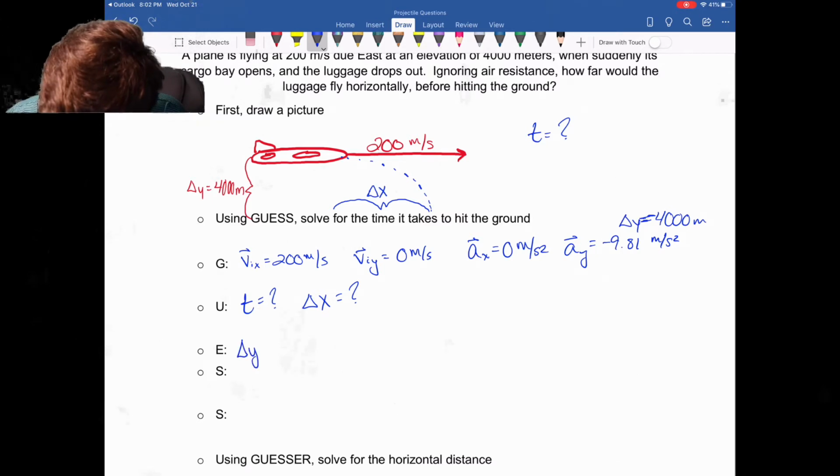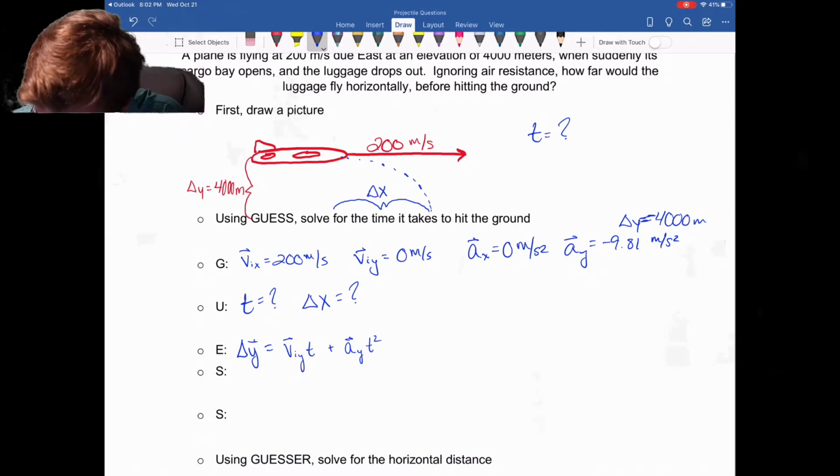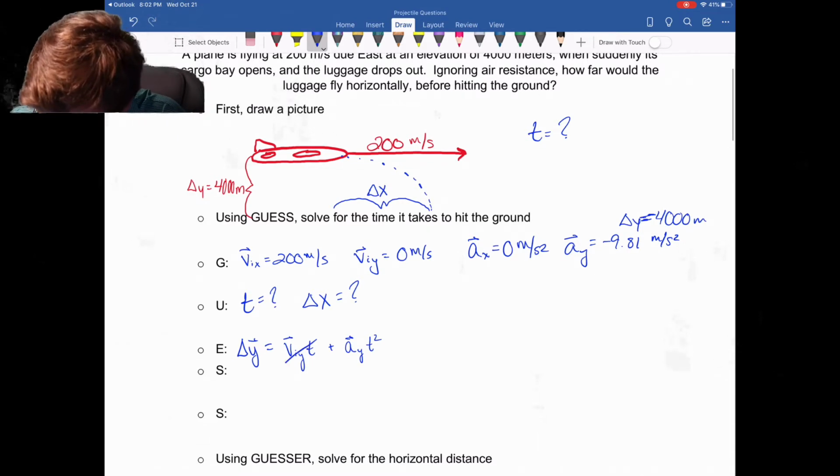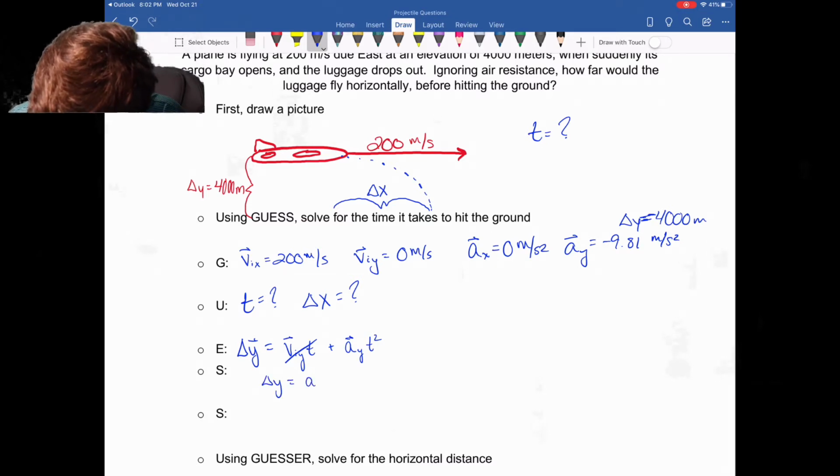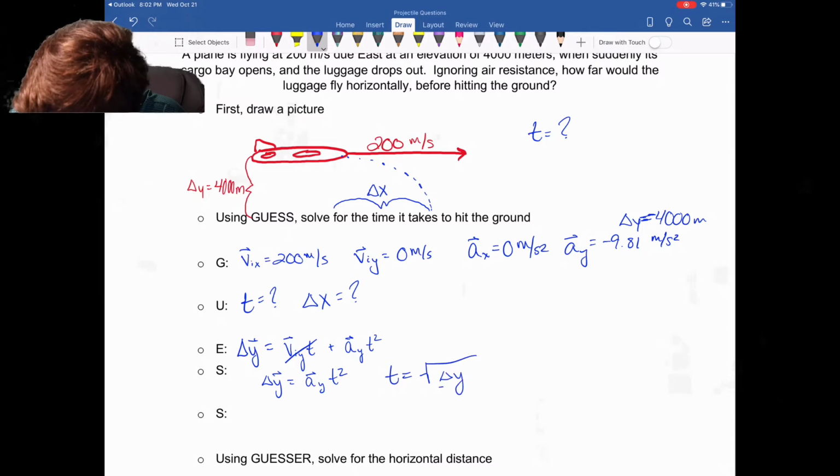So I'm going to use this equation right here. Change in y equals Viy times t plus 1/2 Ay t squared. Now we know our Viy is 0, so now we just have change in y equals 1/2 Ay t squared. So t is going to equal the square root of 2 change in y over a. By the way, I forgot to put the 1/2 there.